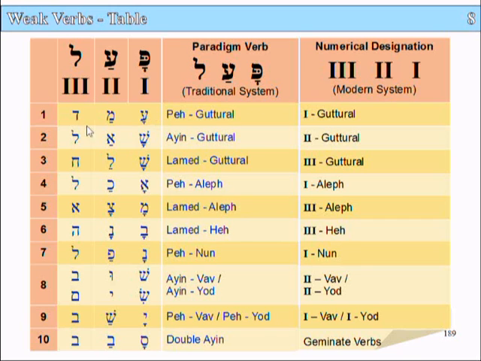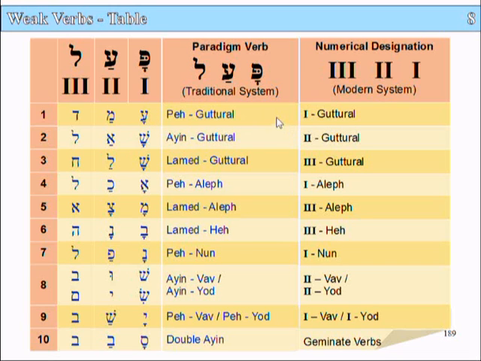So this is an example, a mud, of a weak verb, and there is a table associated with this classification, and the weak verbs will take on vowels and consonants in an identical way if it's got a guttural in this location, an ayin or a hay or a chet and so forth. That's called a pay guttural.